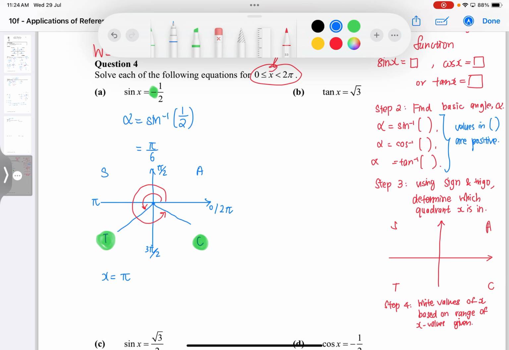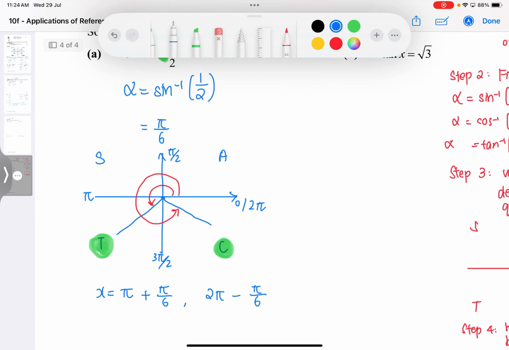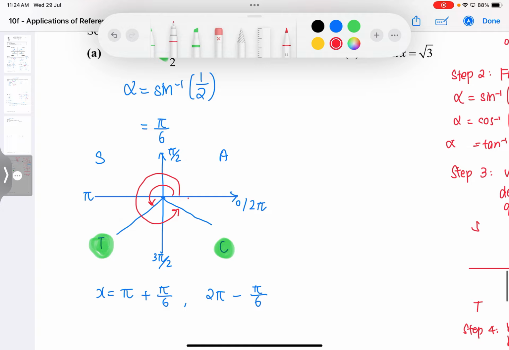So the first value will be pi plus pi over 6, and the second value will be 2 pi minus pi over 6, because this value here is pi over 6.